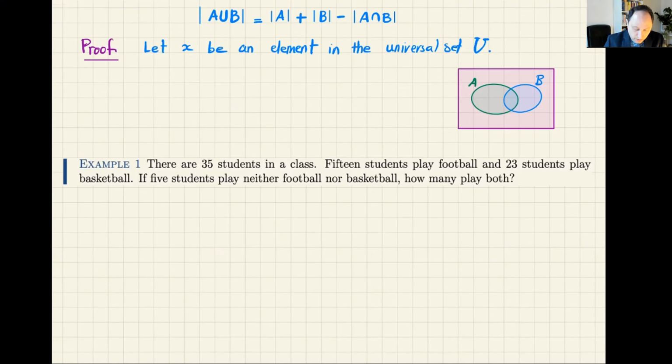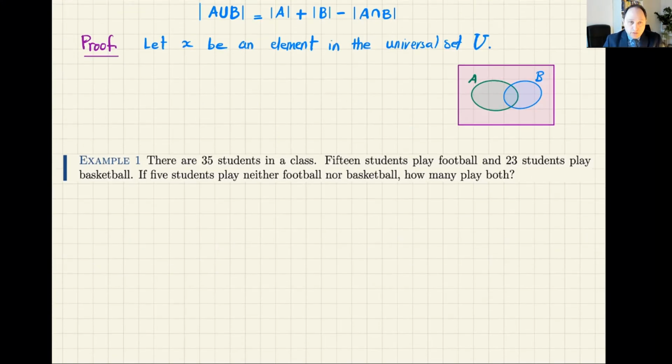So let me write this, talk about this example. There are 35 students in a class, 15 students play football, and 23 students play basketball. If 5 students play neither football nor basketball, how many play both? Okay, so something like this.